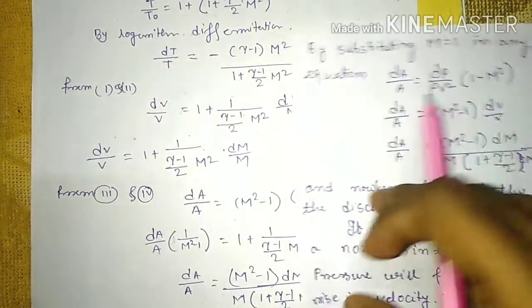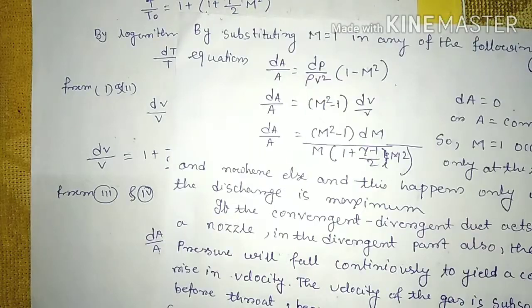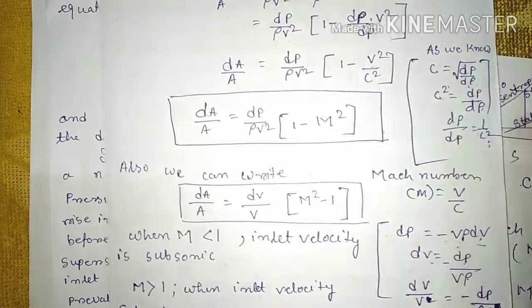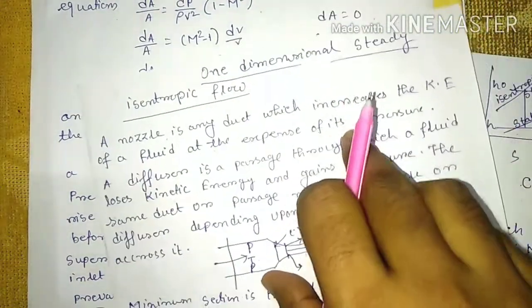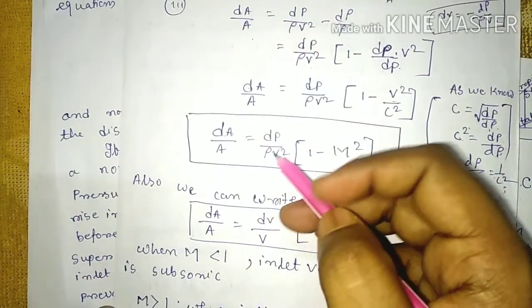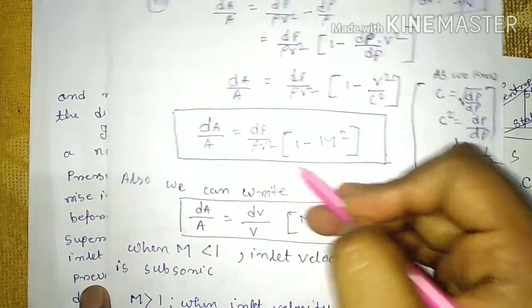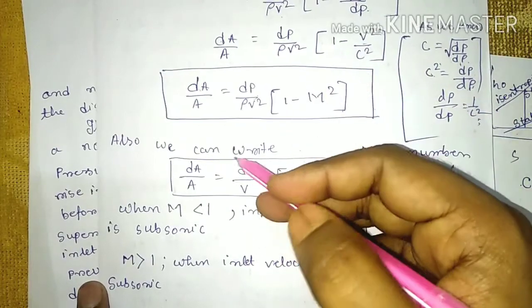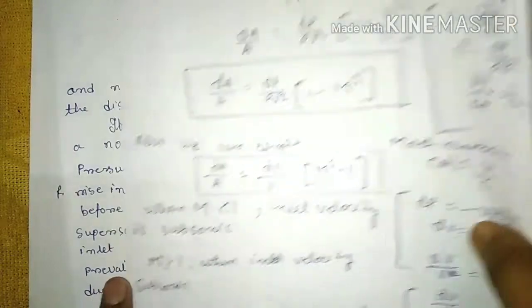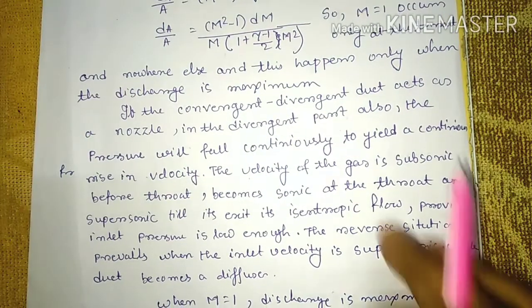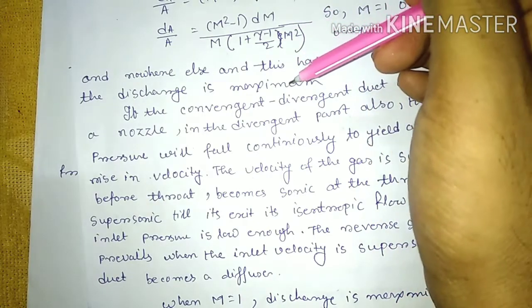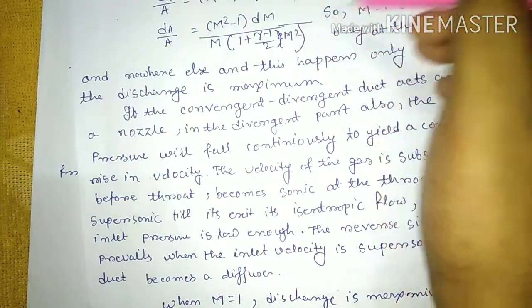Similarly, you already proved for one-dimensional steady isentropic flow, in the previous lecture video, that dA by A is equal to dV by V into M square minus 1. So dA by A we can write from the previous topic as these equations.